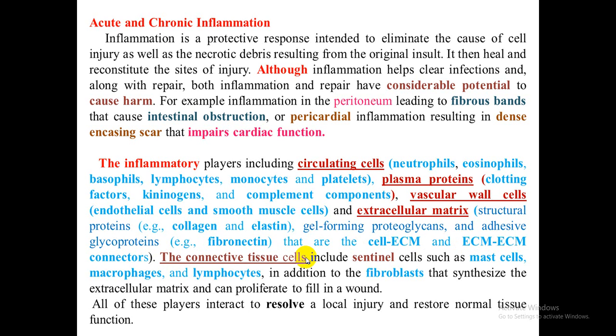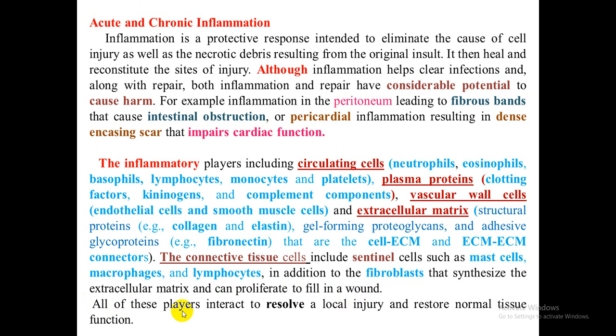The connective tissue cells include sentinel cells, the guarding or protective cells, which are resident cells normally present and distributed in different tissues, such as mast cells, macrophages, lymphocytes, in addition to fibroblasts that synthesize the extracellular matrix and can proliferate to fill in a wound.